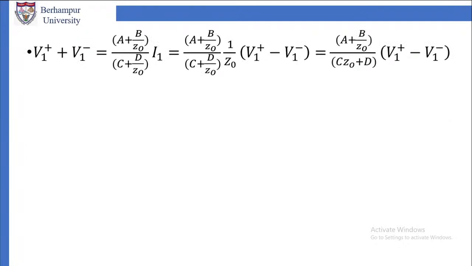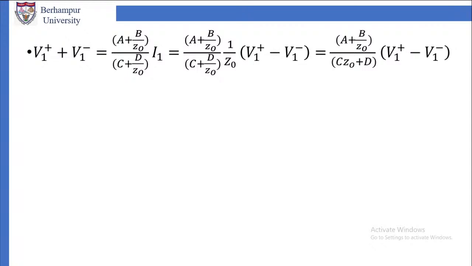Start with V1 plus plus V1 minus. It is equal to (A plus B by Z0) divided by (C plus D by Z0) into I1. For I1 you put 1 by Z0 into (V1 plus minus V1 minus).